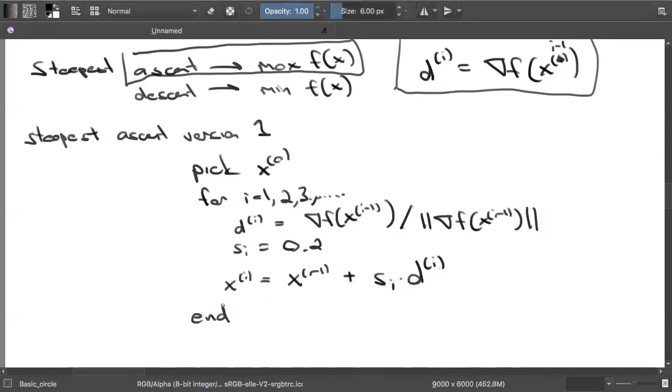When should I stop? So this will iterate. I'm not going to draw the picture again, but you pick x0, you pick a direction, and off you go. Any ideas of a stopping criterion? Stop when the norm of the gradient is small.